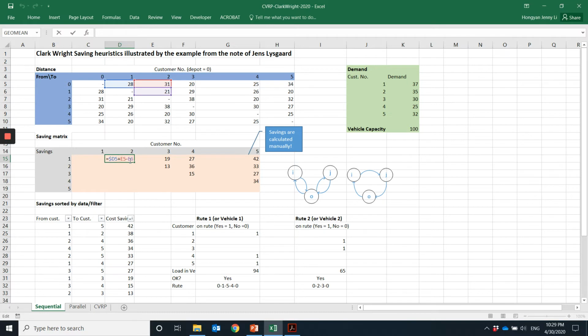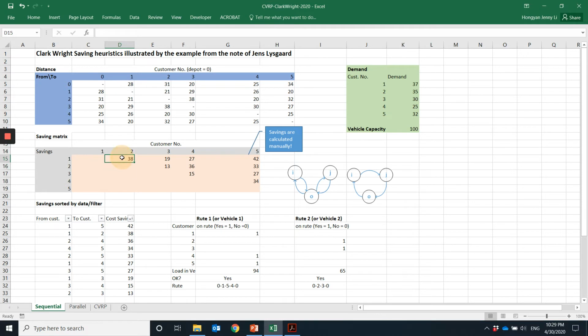You save the route from customer 1 back to the depot and from the depot to customer 2, and of course you add the cost from customer 1 to customer 2. That's how you calculate the savings.